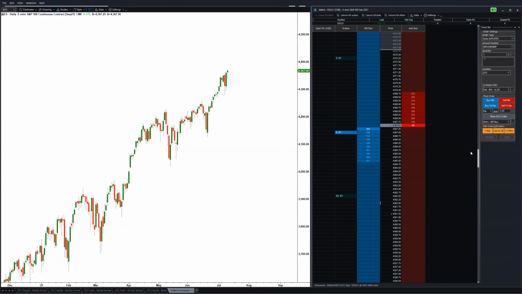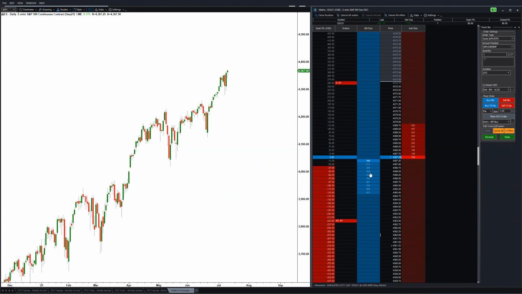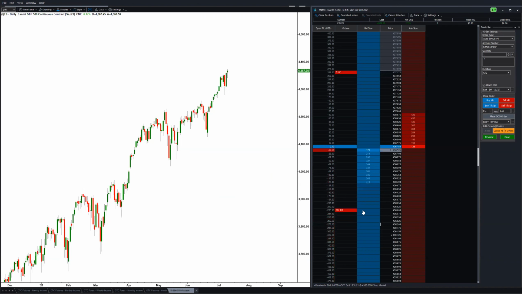So now you see I have my order at 4367. So now there is no spread involved whatsoever, right? So if price comes down, I'll get filled. I just want to simulate this now to you guys. So now I got filled exactly for this price, right? So now I'm in that trade.